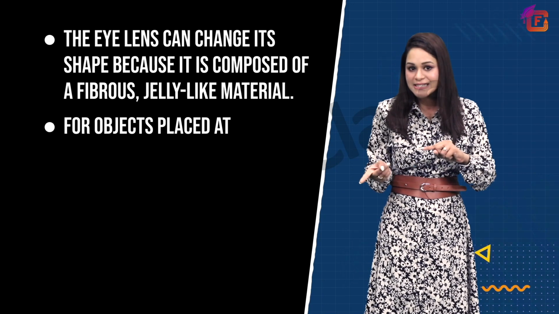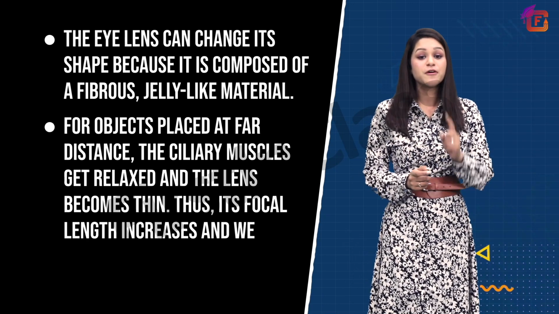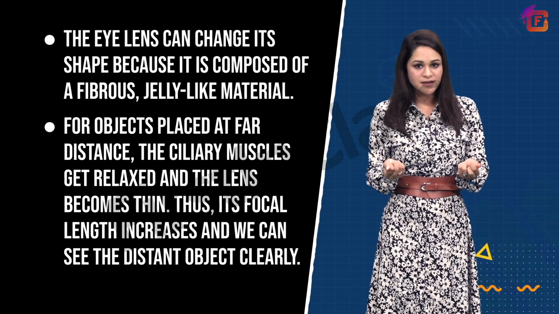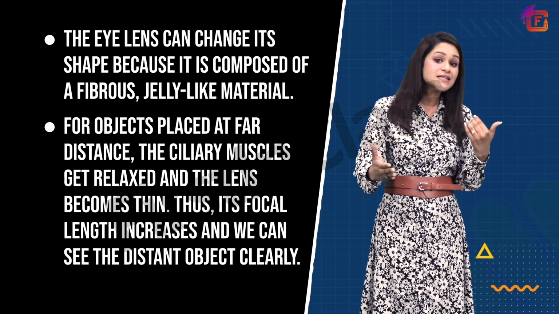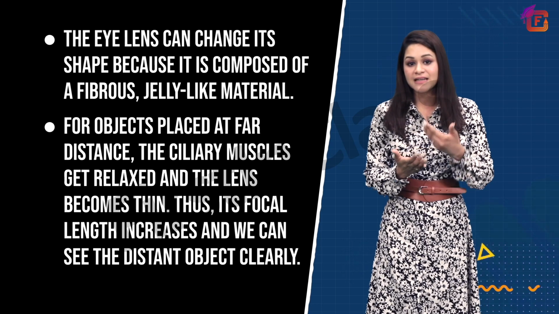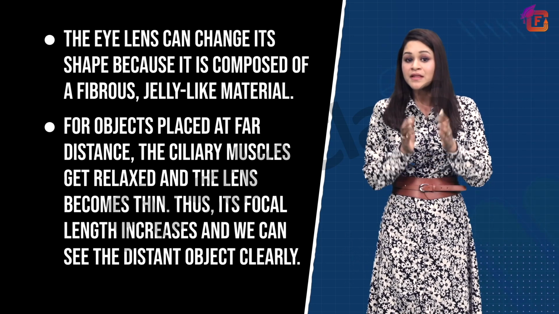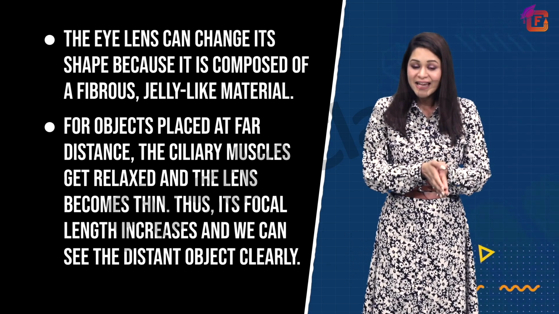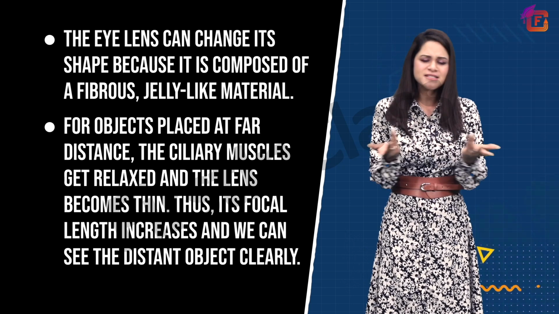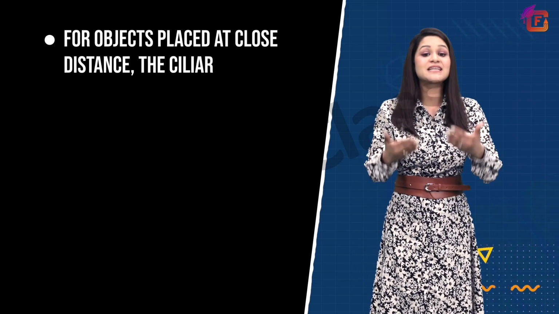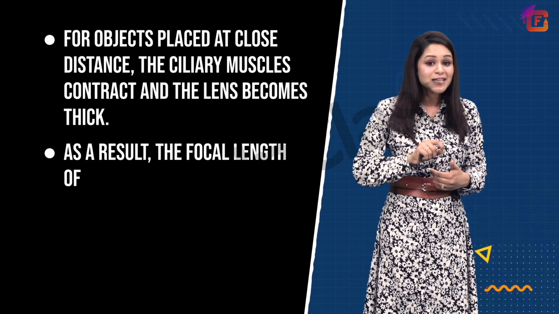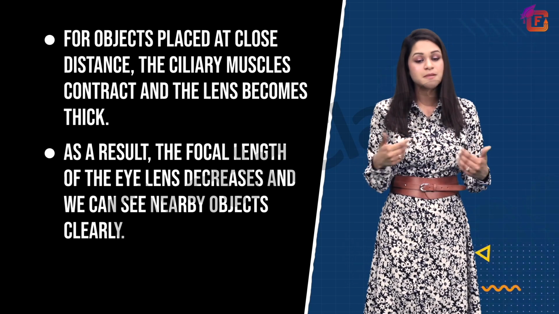So, what have we learned today? The eye lens can change its shape because it is composed of a fibrous jelly-like material. For objects placed at a far distance, the ciliary muscles get relaxed and the lens becomes thin. Thus, its focal length increases and we can see distant objects clearly. For objects placed at close distance, the ciliary muscle contracts and the lens becomes thick.